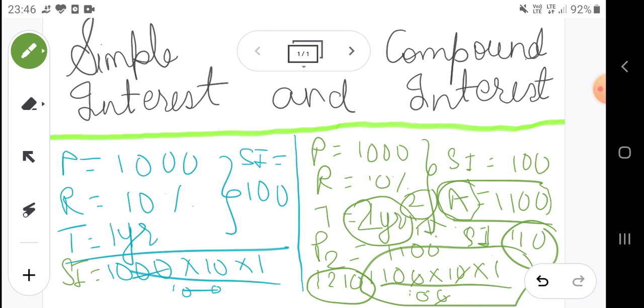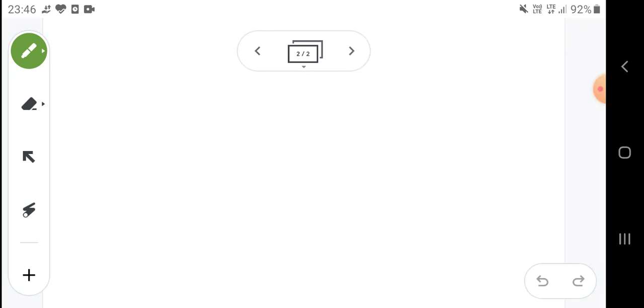And then this will be amount, so you can find the compound interest will be 210 by subtracting from 1210, that is amount minus principal. Now you can compare. Now what was the SI here? It was 100 and here CI is 210. It means that CI is greater, means it will be most profitable, isn't it?